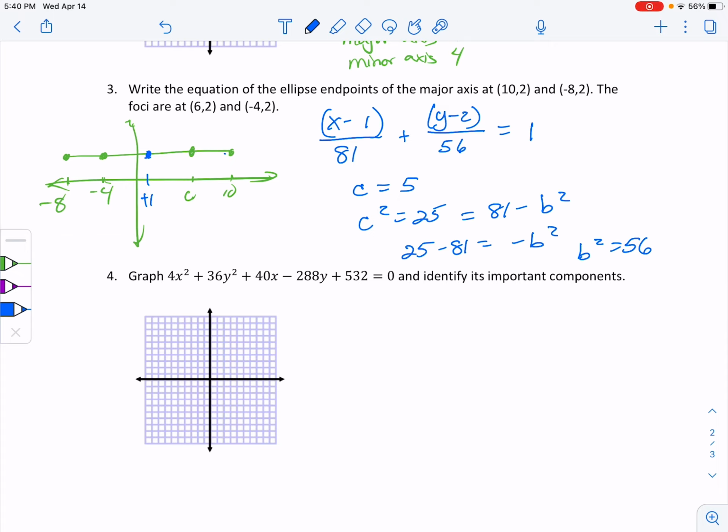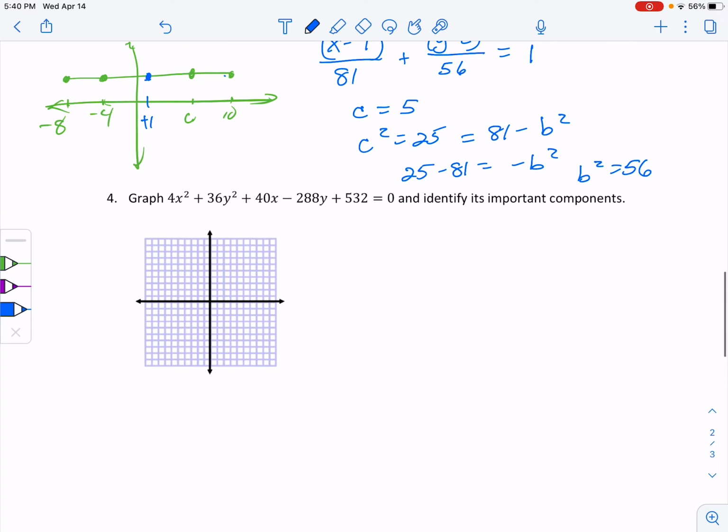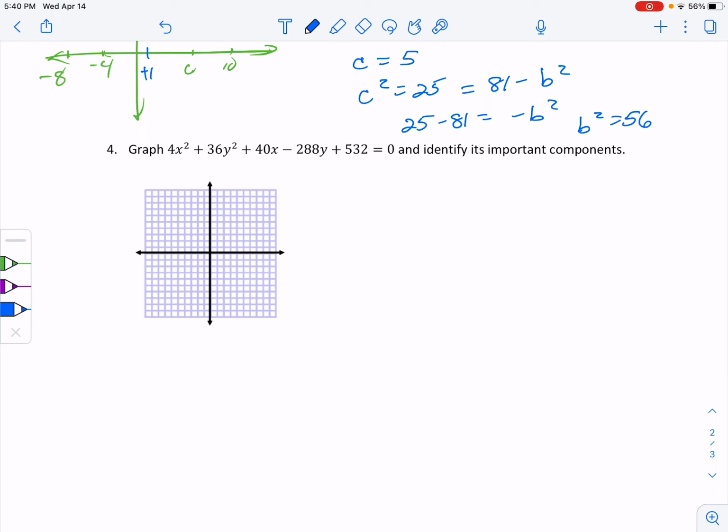Write the equation. All right, this one we have to graph it and do important stuff, so it's complete the square again. Remember, you separate your x's, so you have 4x squared plus 40x plus a box plus 36y squared minus 288y plus a box equals negative 532 plus a box plus a box.